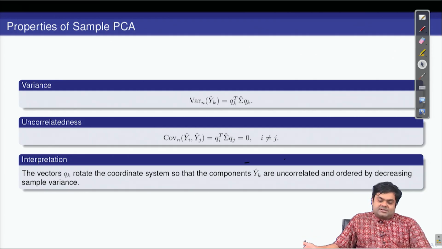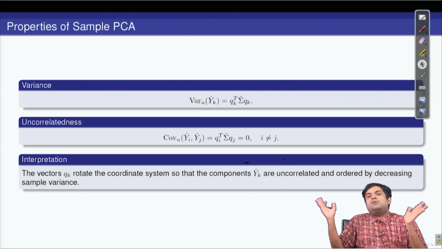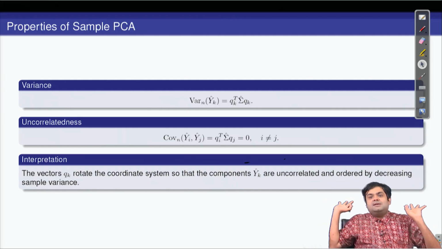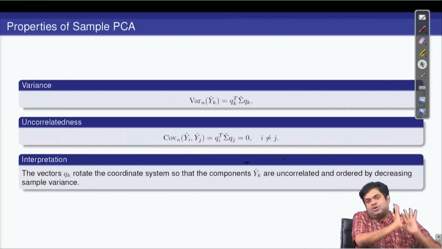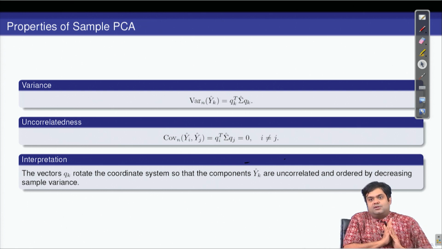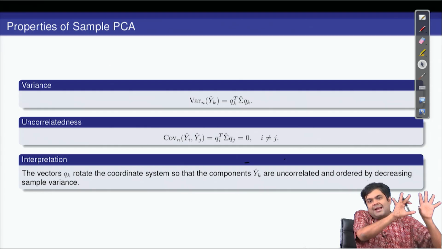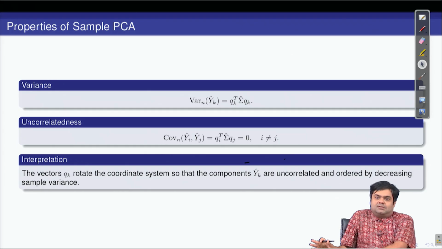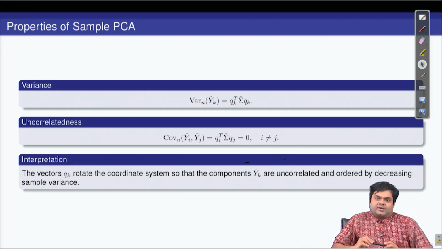This will just become the jth eigenvalue times q_i transpose q_j, and q_i and q_j are perpendicular, so their dot product will be 0. That is just repeating the same logic as we saw in great detail in population principal components. The linear algebra that was used there goes through pretty much verbatim for sample principal component analysis also.